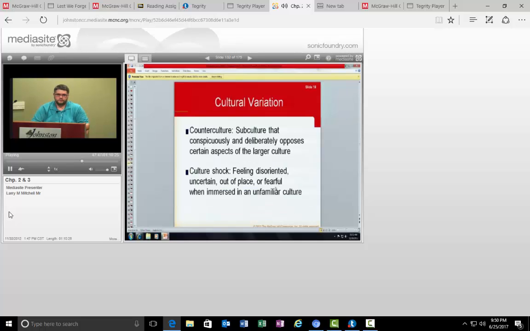Now, counterculture is really the opposite of a subculture. It is something that is seen in a negative light. This would be a connection back to our big three paradigms, but this is the social conflict theory, in my opinion. It looks at a group of people who says, hey, the existing culture is not what we want. The existing way of life is not our cup of tea. We want to change it. And often this takes radical attempts and measures.